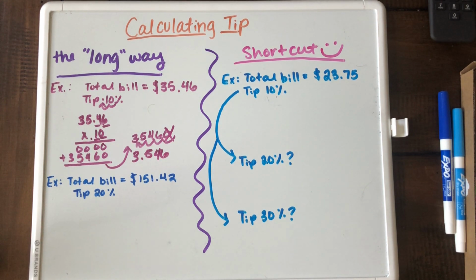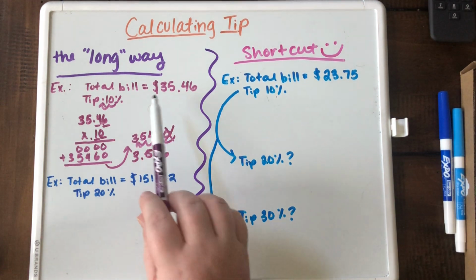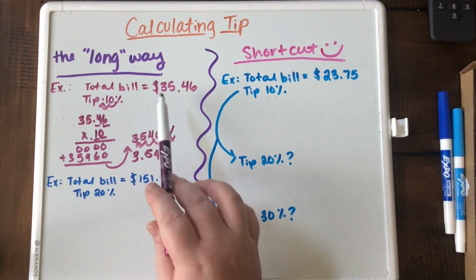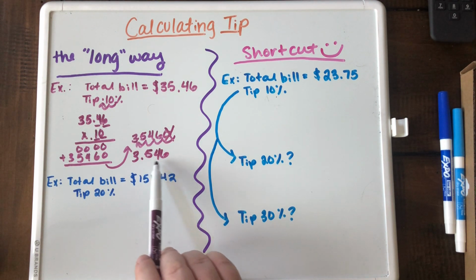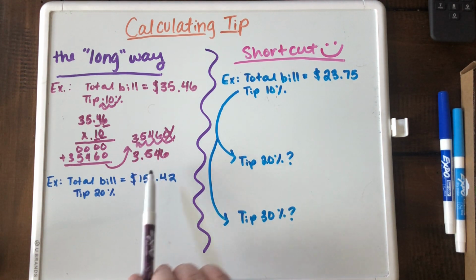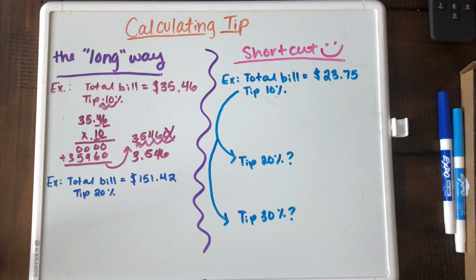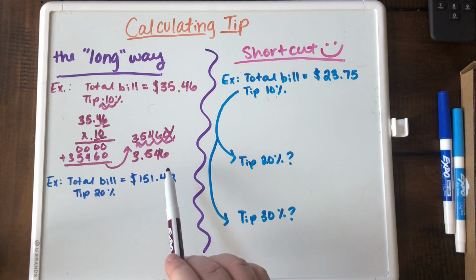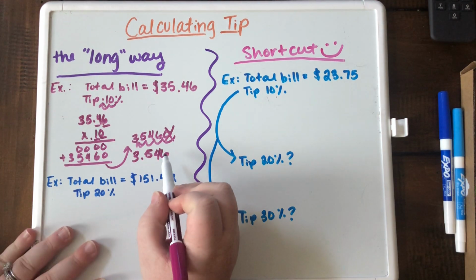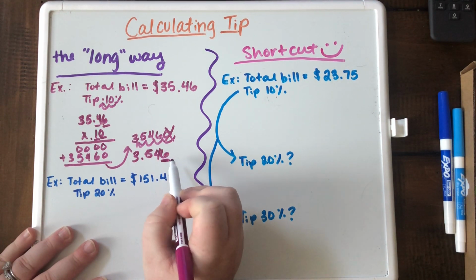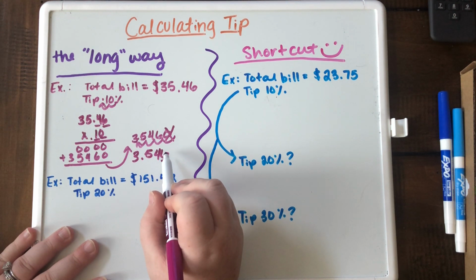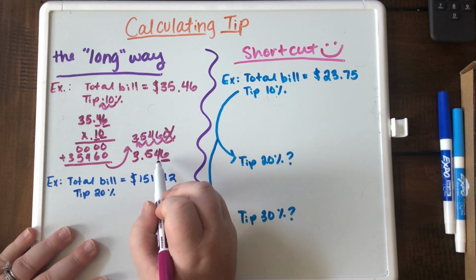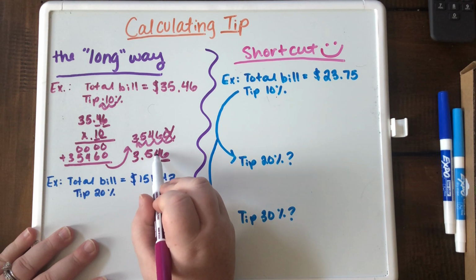Now, here's the very, very important part to remember. We are dealing with money. When you're dealing with tips, you're dealing with money. You cannot have 3 digits after the decimal when you're dealing with money. So you have to look at this very last digit. If it is 5 or higher, then you round this number up.